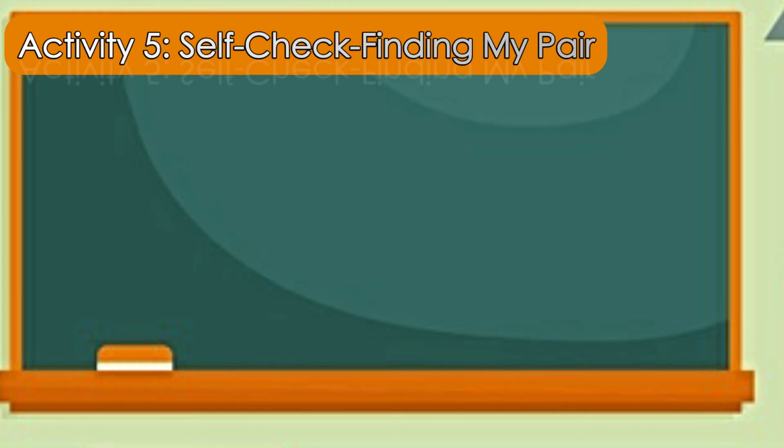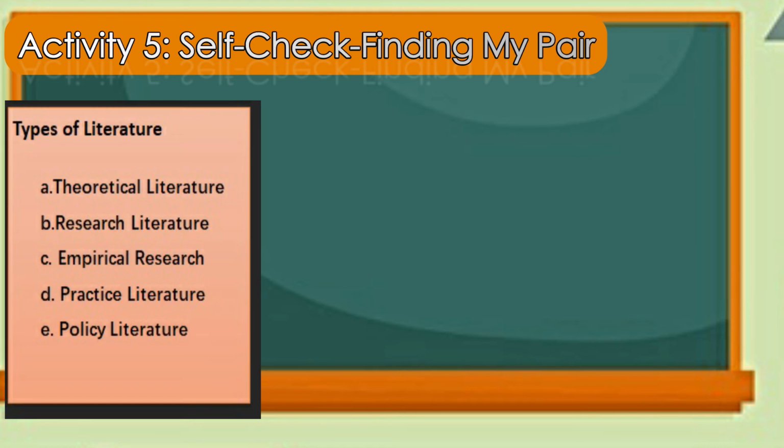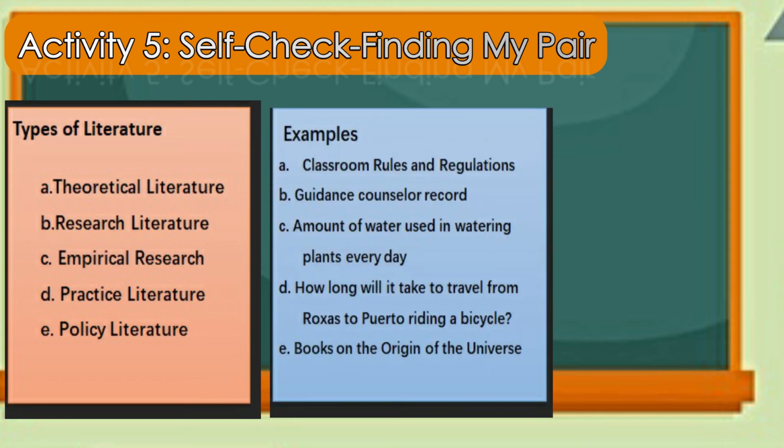So for the first box, we have the types of literature. A, theoretical literature. B, research literature. C, empirical research. D, practice literature. Letter E, policy literature. For the second box, we have examples.